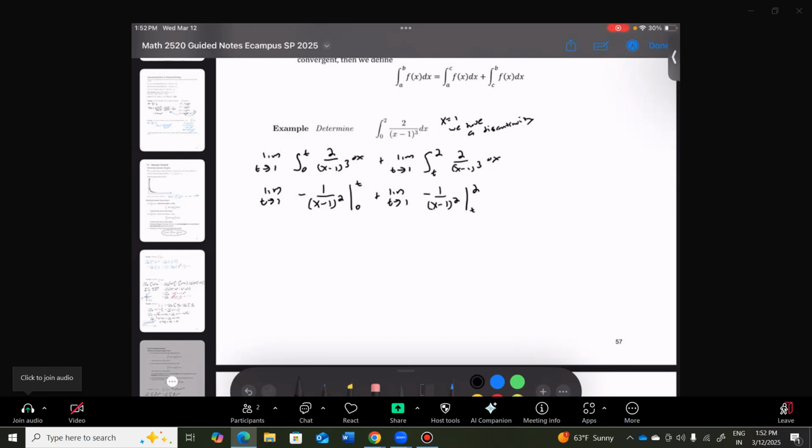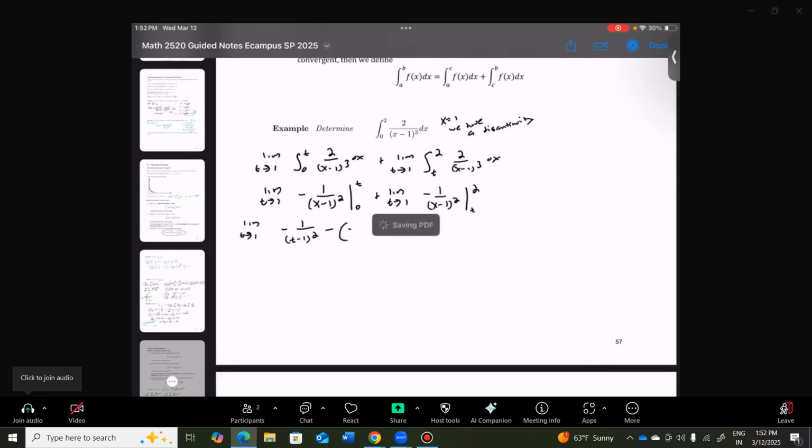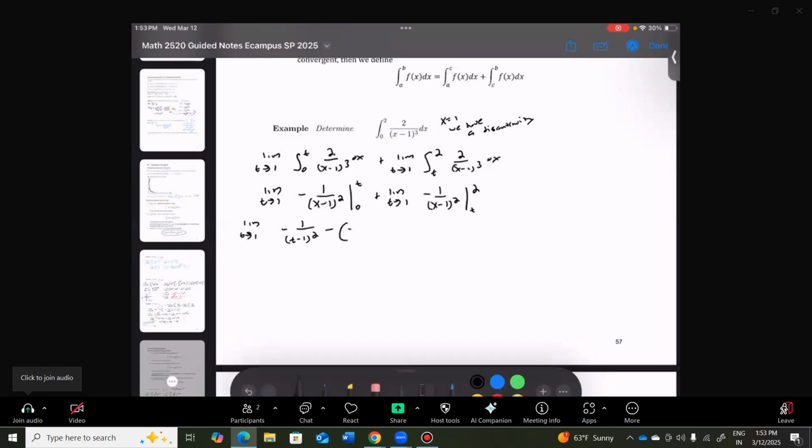Anyways, so negative 1 over, let's do this, limit as t goes to 1, negative 1 over (t minus 1) squared, minus negative 1 over negative 1 squared, because 0 minus 1 is negative 1 squared.